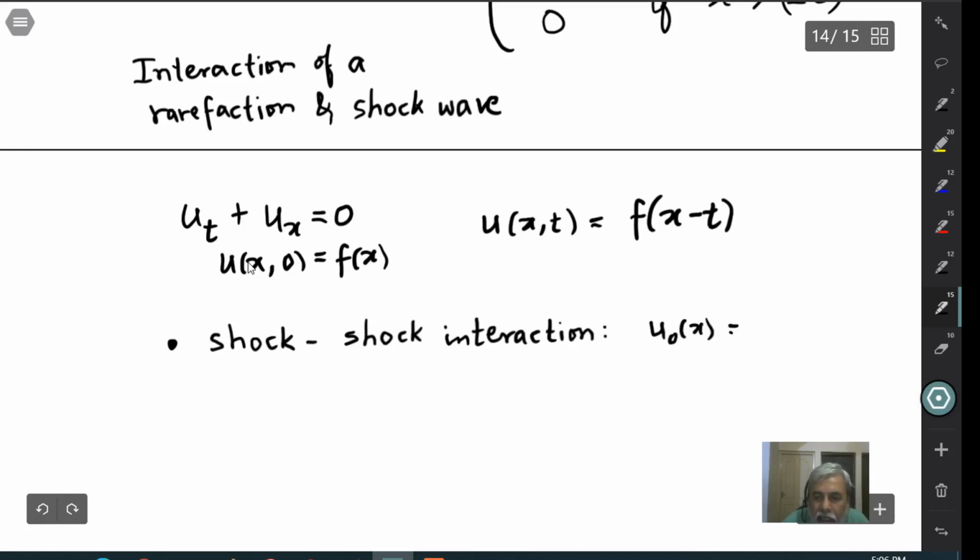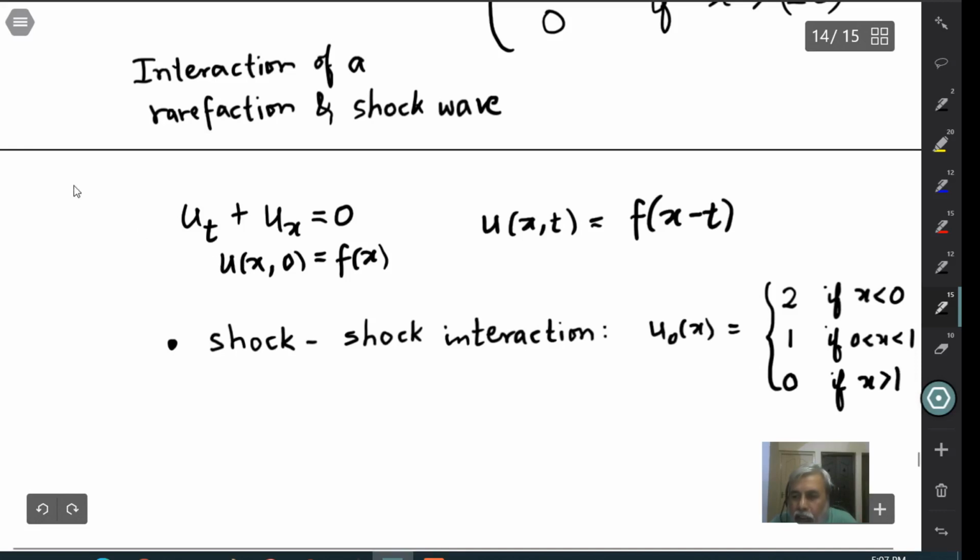Just one example: 2 for x less than 0, 1 for 0 less than x less than 1, and again 0 if x bigger than 1.